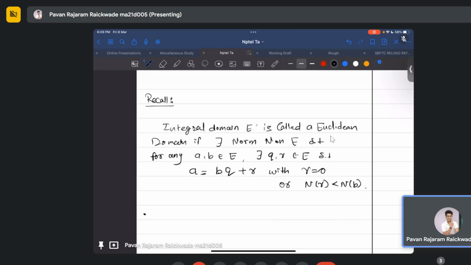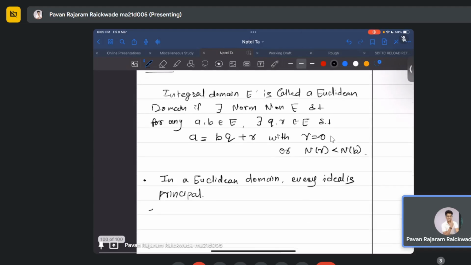So the point we have seen is in a Euclidean domain, every ideal is principal. Example: any field is a Euclidean domain, and if you consider the ring Z[X], it is not a Euclidean domain.